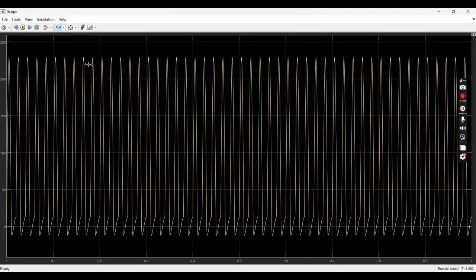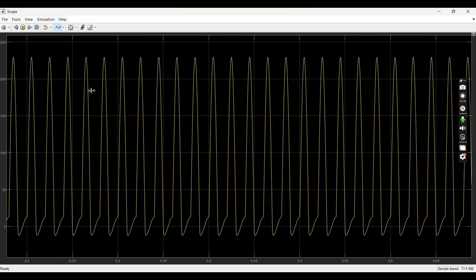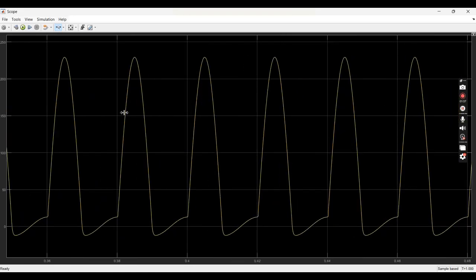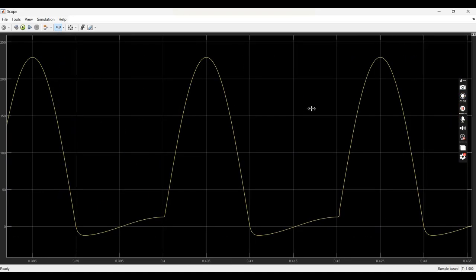Here you can clearly see the pulsating DC voltage. During the positive half cycle, the diode is forward biased. It acts like a closed switch. The output plot follows the input almost perfectly.